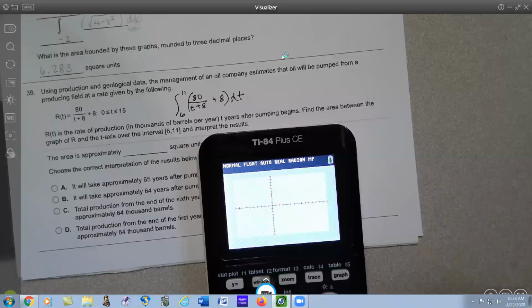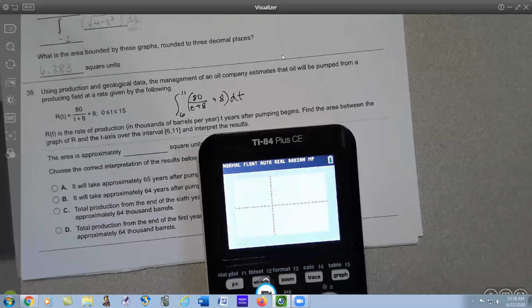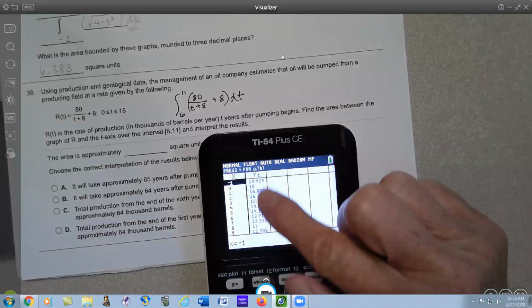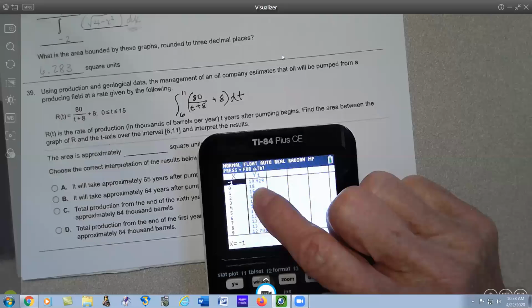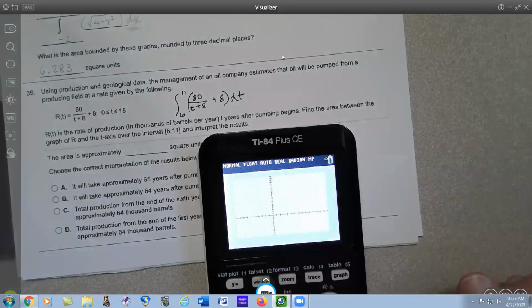Now, my curve is on up here. If you want to make sure of that, if I go to second table for my graph, this is where my curve is. So if you want to actually see your curve, I need to have a Y max of 18. So maybe I'll make that 20. So there's my curve. So if I do second calc number 7 from 6 to 11.